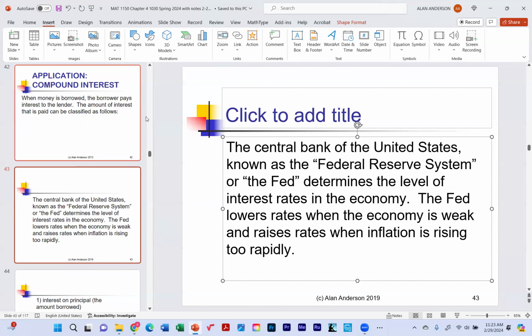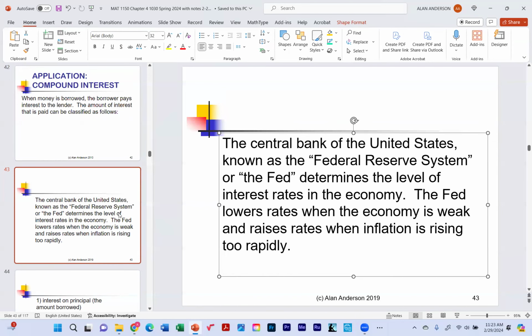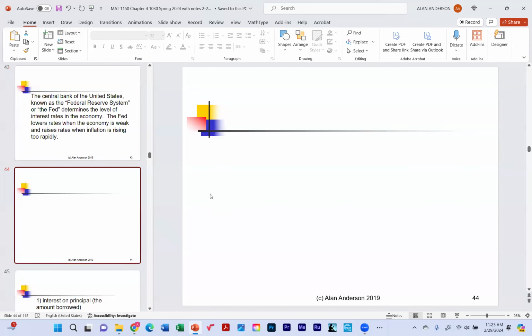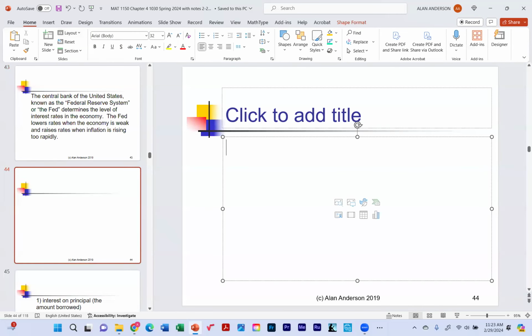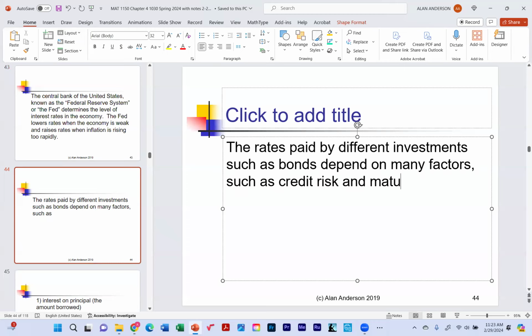Okay, so now at the same time, though, the return to different investments depends on other factors, such as credit risk and maturity.